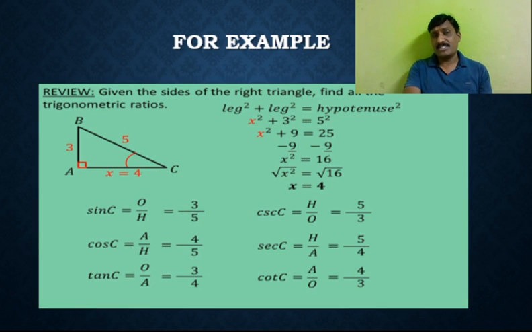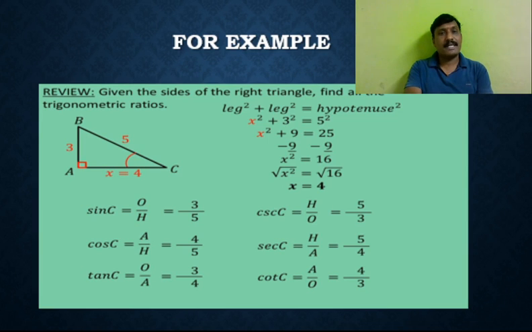The base length is unknown, that is the x value. Here we use the Pythagoras principle: leg square plus leg square, that is the altitude square plus base square. Otherwise you can say a square plus b square is equal to hypotenuse square. Substituting the values, x square plus 3 square is equal to 5 square. So by solving it, x square plus 9 is equal to 25.